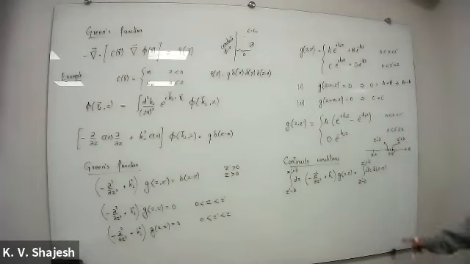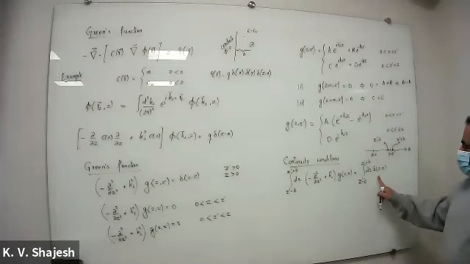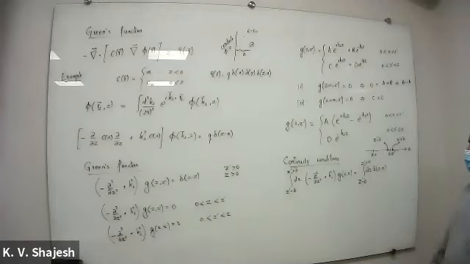What's the right-hand side equal to? The right-hand side, I'm integrating from here to here. Oh, that's a delta function, so it's just 1, right?